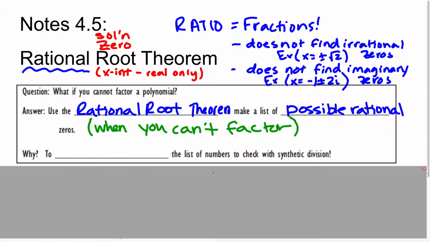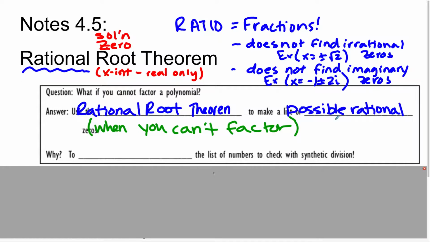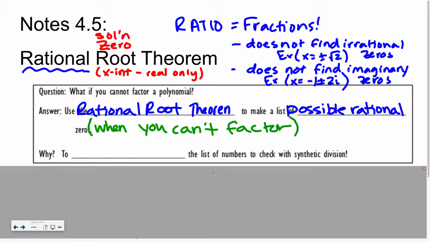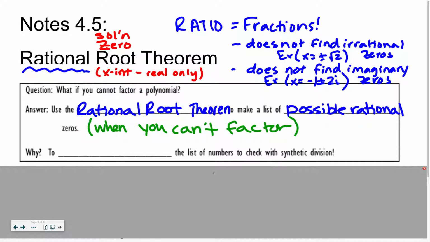But what does it mean when I say it's a possible solution? Oops, did I do that? What does that mean when I say possible? Well, it could give you what could be put in, but there's more than one.